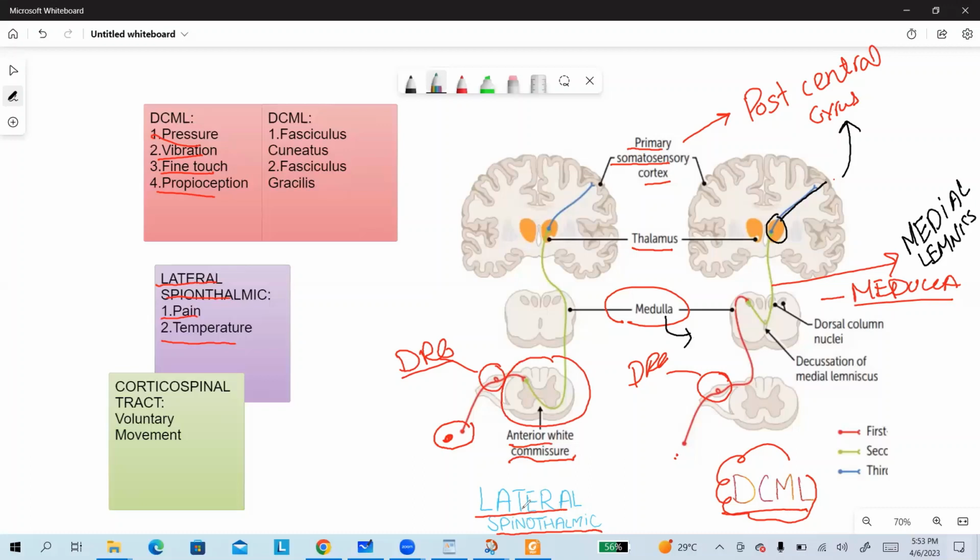In the case of the lateral spinothalamic tract, the crossing over takes place at the level of the spinal cord, so any lesion at the level of the spinal cord will affect the opposite, contralateral side. These are some important differences between the lateral spinothalamic tract and the dorsal column medial lemniscus.